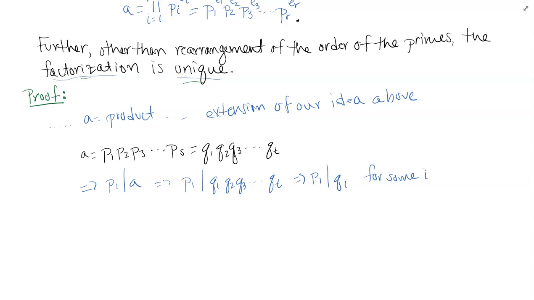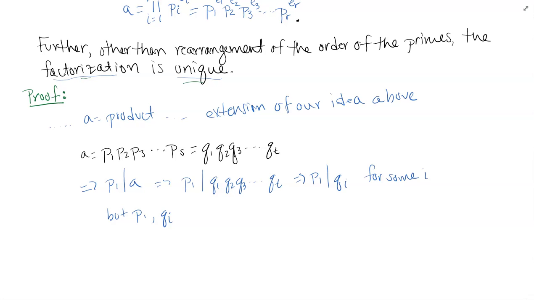But then remember that these are all primes, right? But P1 divides Qi, and if it's easier for you to give this a number, that's fine. And actually, I think for our purposes, it is.